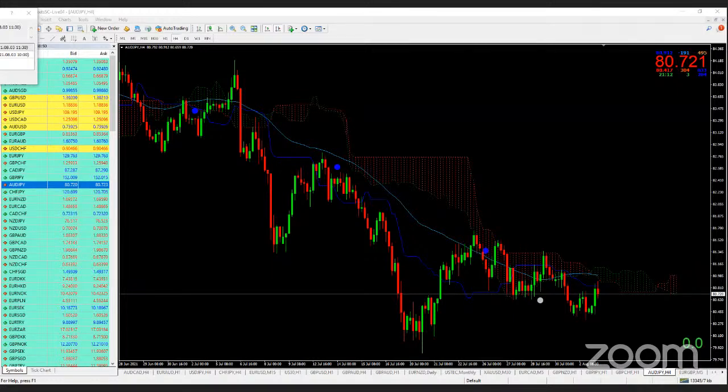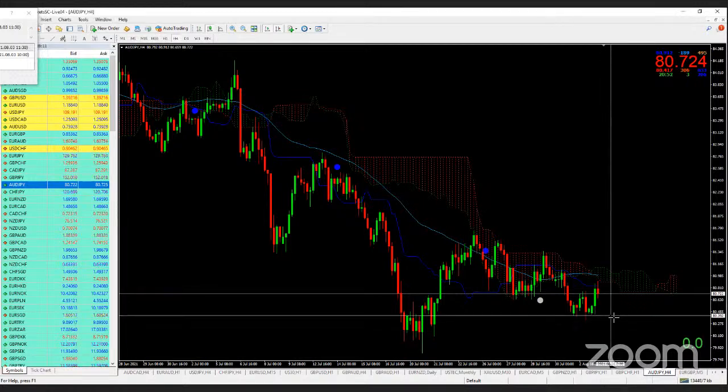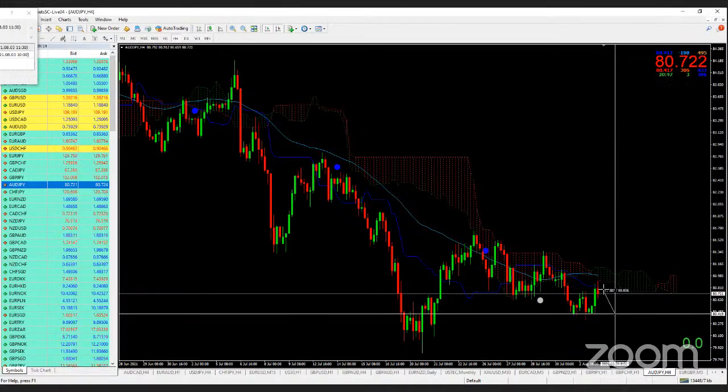Okay, so I am looking to buy on this one. Obviously, I'll be looking for a pullback. It's already about 50 pips from where I would have wanted to enter, right about there.